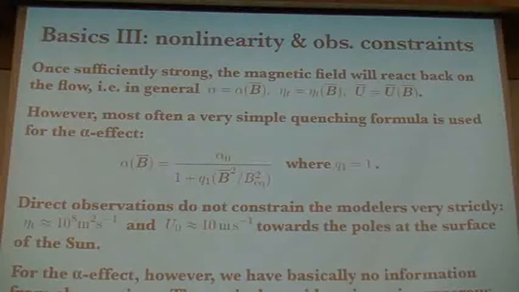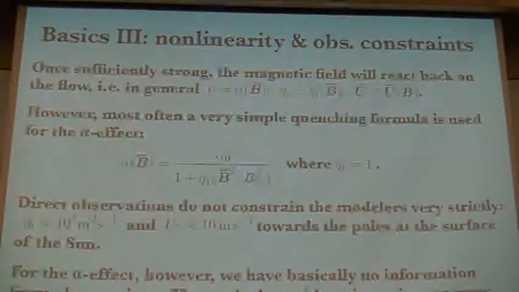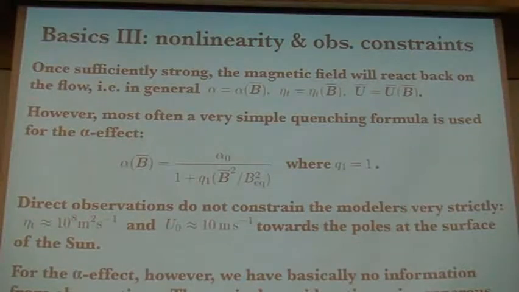So in principle, if we want to take all of these into account, we should also solve for our velocity field. And this is a complication which is usually avoided by just not solving for the velocity field at the same time and ignoring this kind of back reaction. The simplest thing that we will adopt here is just that we limit the value of alpha when the magnetic field grows enough.